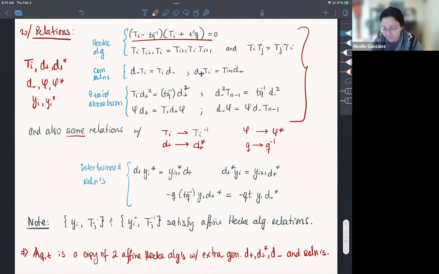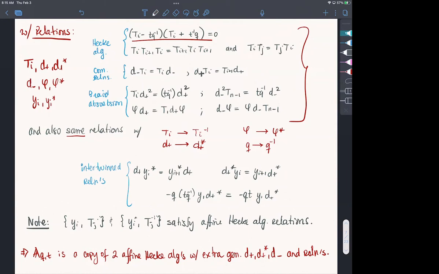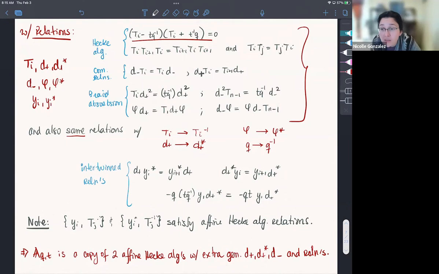It's T_1 D plus square, not T_i D plus. Yes, as well. Thank you. This is the T_{n-1} and this is the T_1. Thanks. This is the problem with doing handwritten slides. Lots and lots of human error.